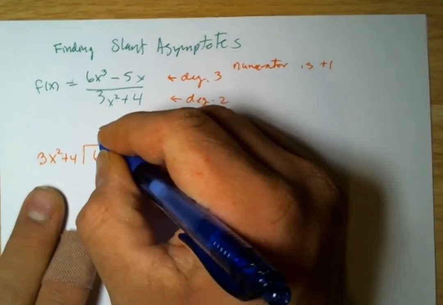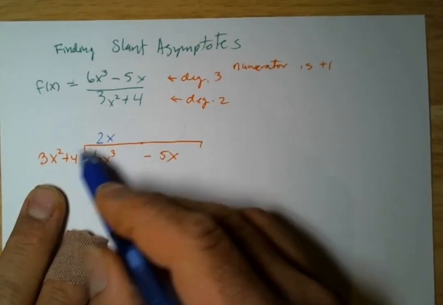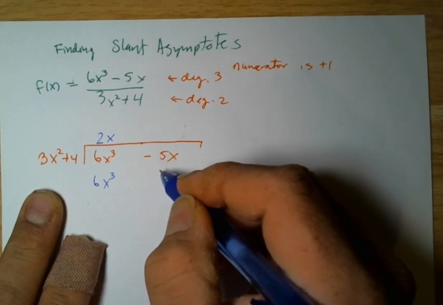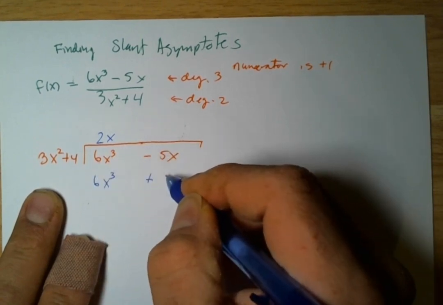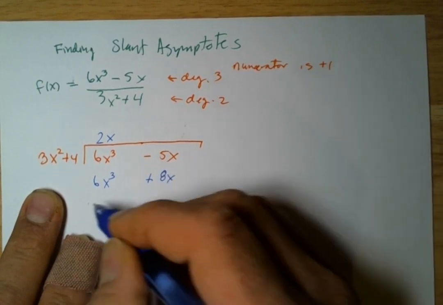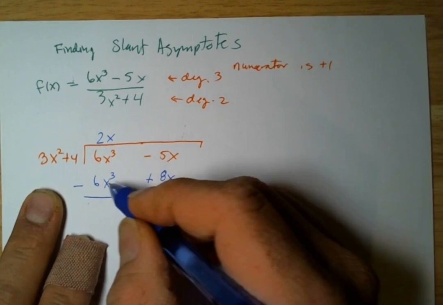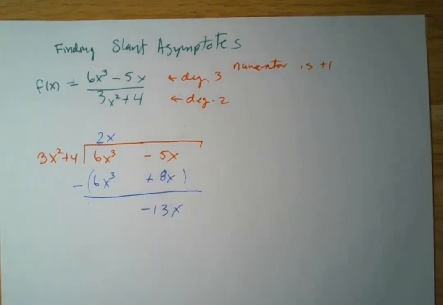So what's missing? We need a 2x. Okay, and then that becomes what, 6x cubed plus 8x. We subtract here, so we get negative 13x.